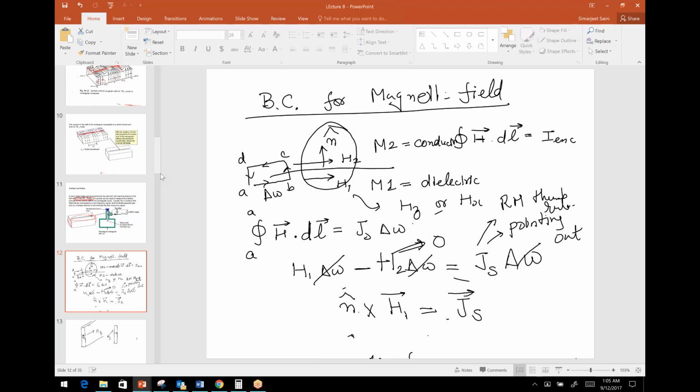You put in the actual value of conductance, because at those frequencies the conductance can drop very quickly, and then you solve the Helmholtz equation numerically, either with the finite element method or the FDTD method, the finite difference time domain method, or some other frequency domain methods.